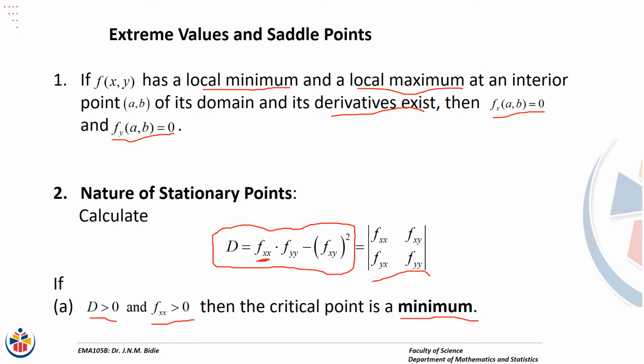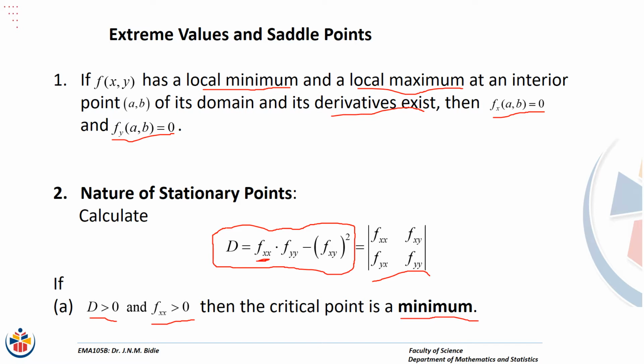There are many terms that we use, such as critical point, local extremum, or local turning point, but for now let's stick to local minimum, critical point or stationary point.